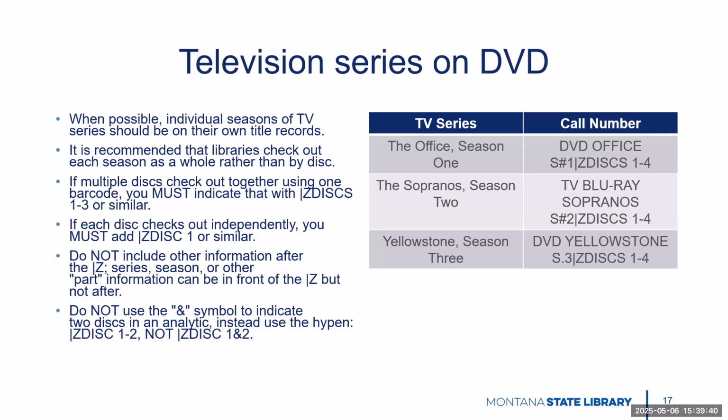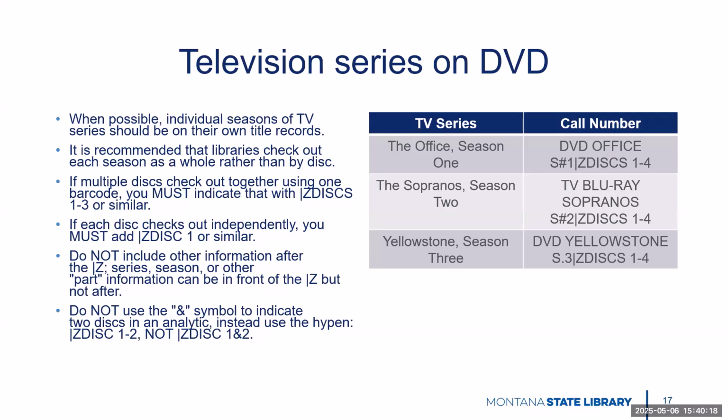Now, we are now insisting that folks use the word disc or discs instead of volume when you're putting call numbers together for your DVD sets. So some examples of this. If multiple discs are checked out together using one barcode, we want you to add bar Z discs and then 1 through 3 or similar to show that your barcode includes all the discs.